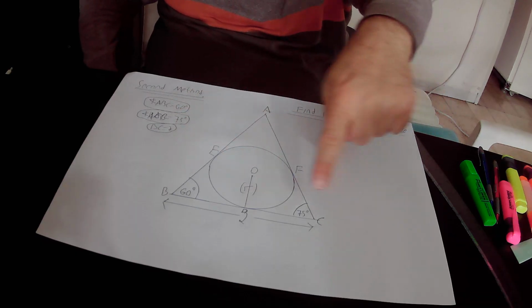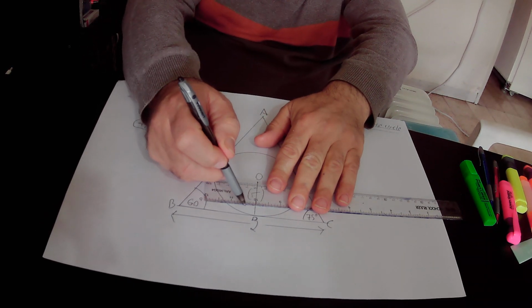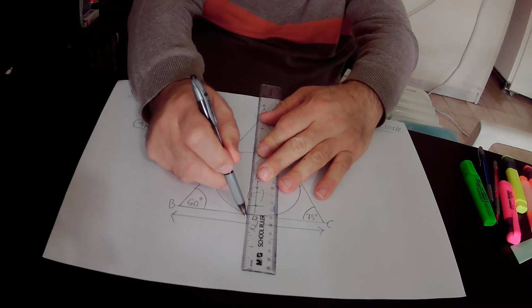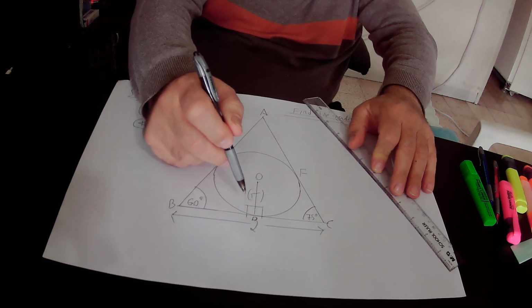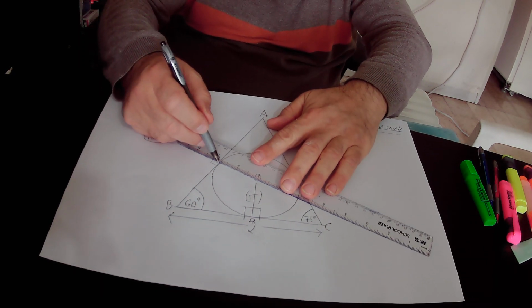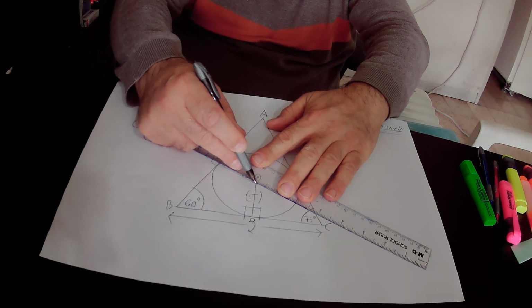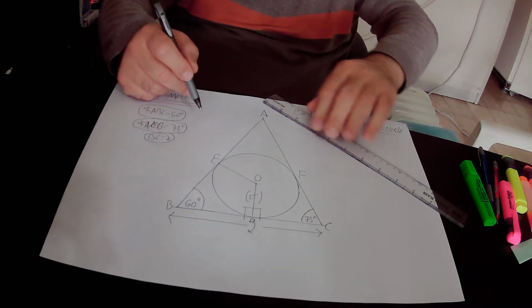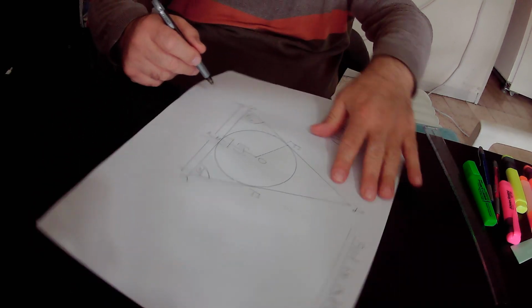If BC is perpendicular to DO, it means that this angle equals 90 degrees, and this angle also equals 90 degrees according to rule number 1. We join points O and E together by a line. OE is the radius of this circle that is equal to R.